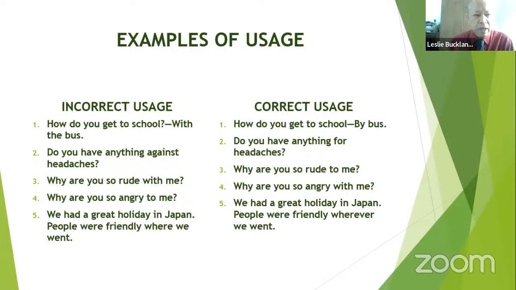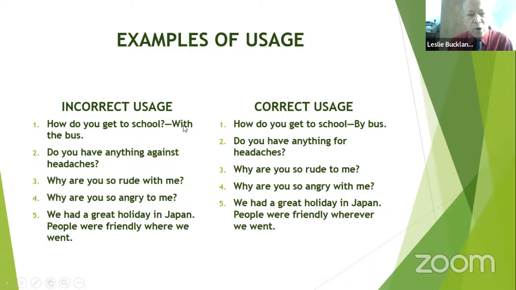And the question is being asked, how do you get to school? How do you leave your home and come to school? What is the means or method of transportation from home to school? The incorrect usage, we're told, is with the bus. We normally do not say with the bus. What we do say customarily is by bus.